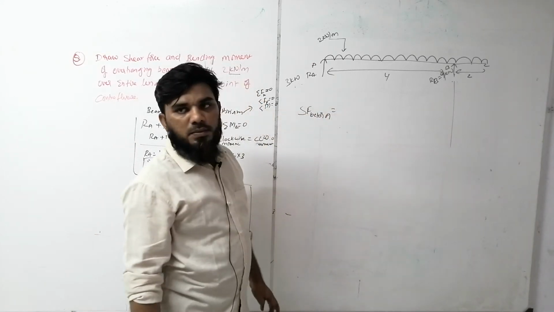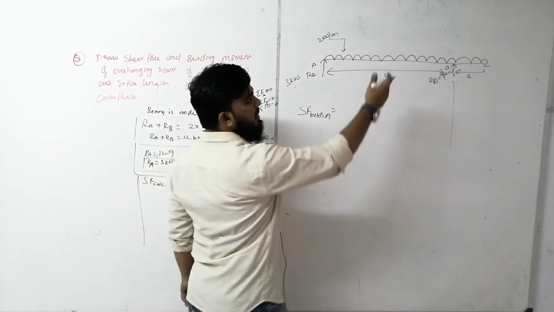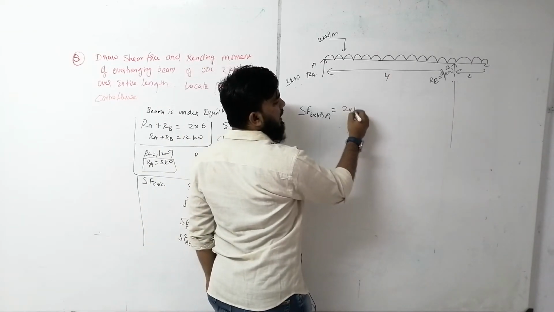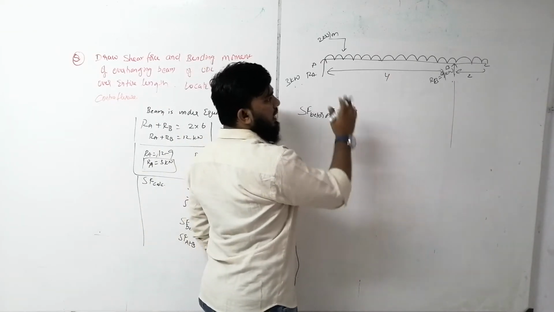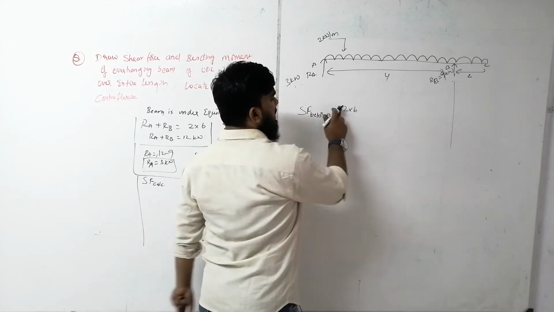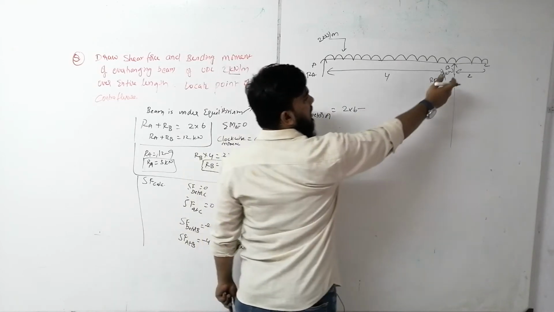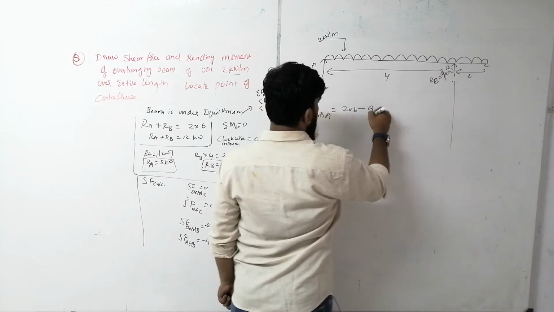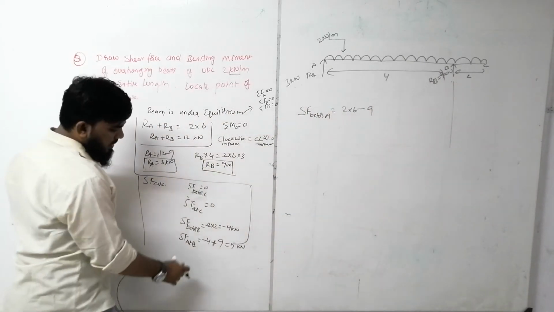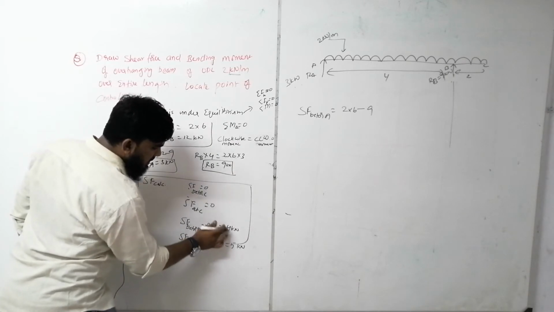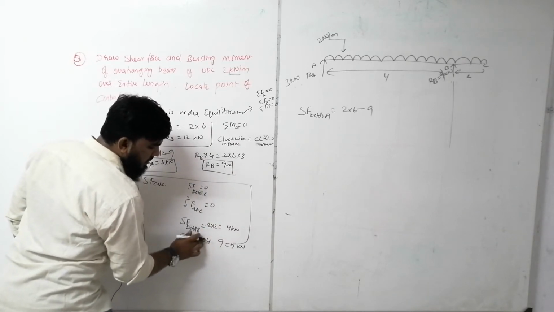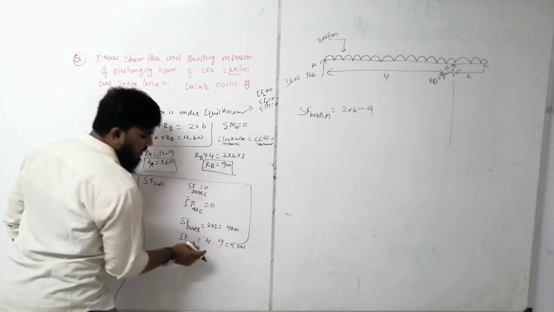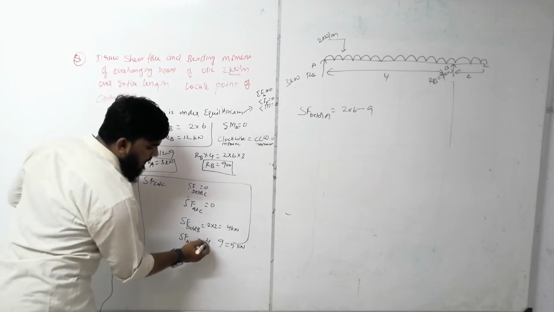Shear force before A means the total UDL, 2 into 6, which is acting in the downward direction, so positive. Next is your load which is acting upward. Here, downward is plus, upward is minus.